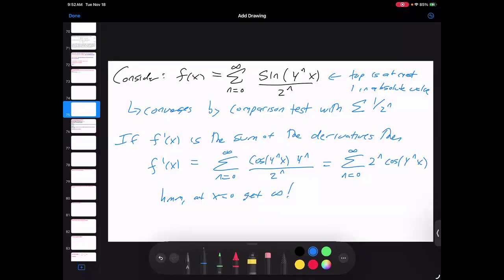Either way, this example proves that the derivative of an infinite sum is not necessarily the infinite sum of the derivatives. It is possible that the function is not differentiable, or it's possible that the derivative is something else, and these are not legal. You have to be very careful whenever you have an infinity. For any finite sum, we're okay.